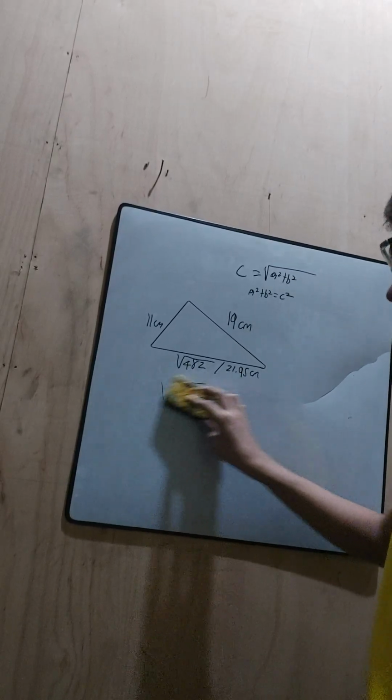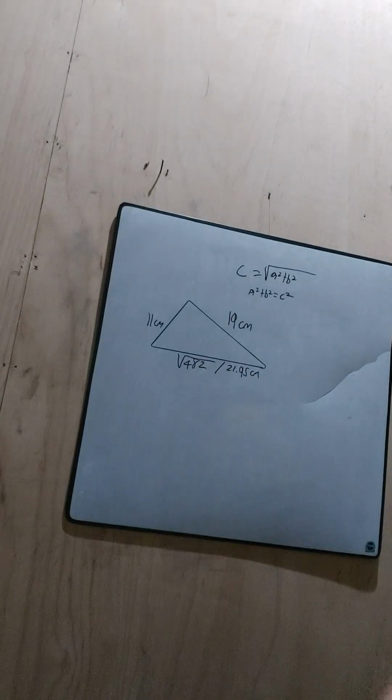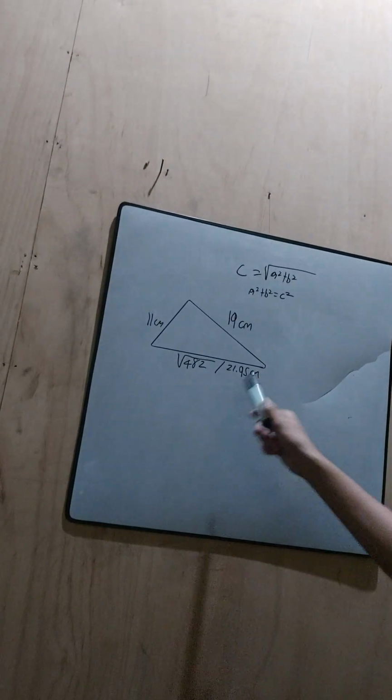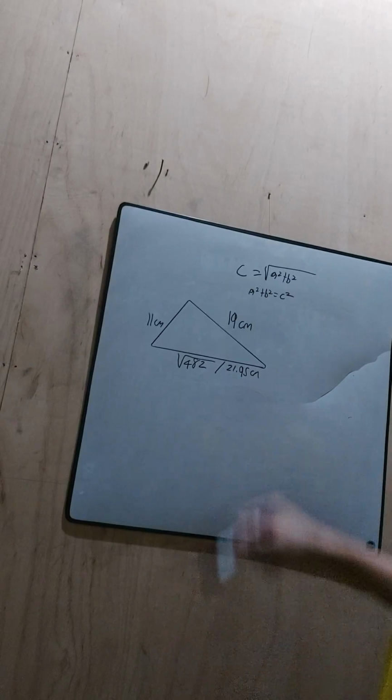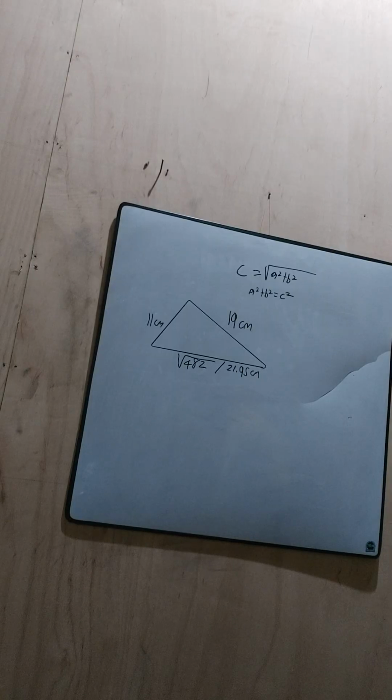Now let's say we want to find the angle next. Alright, we know we don't have the angle. Okay, we have all the sides, which is 21.95 centimeters, 19 centimeters, and 11 centimeters.